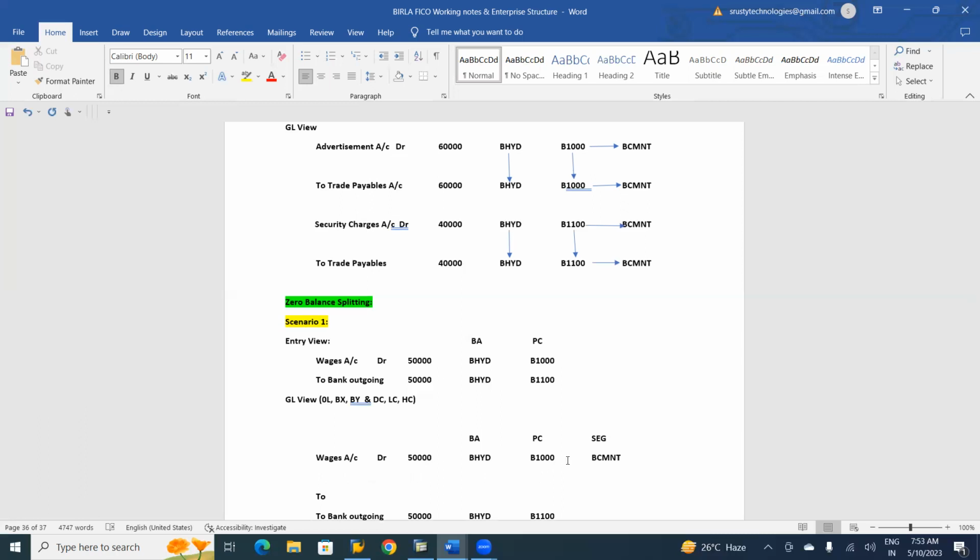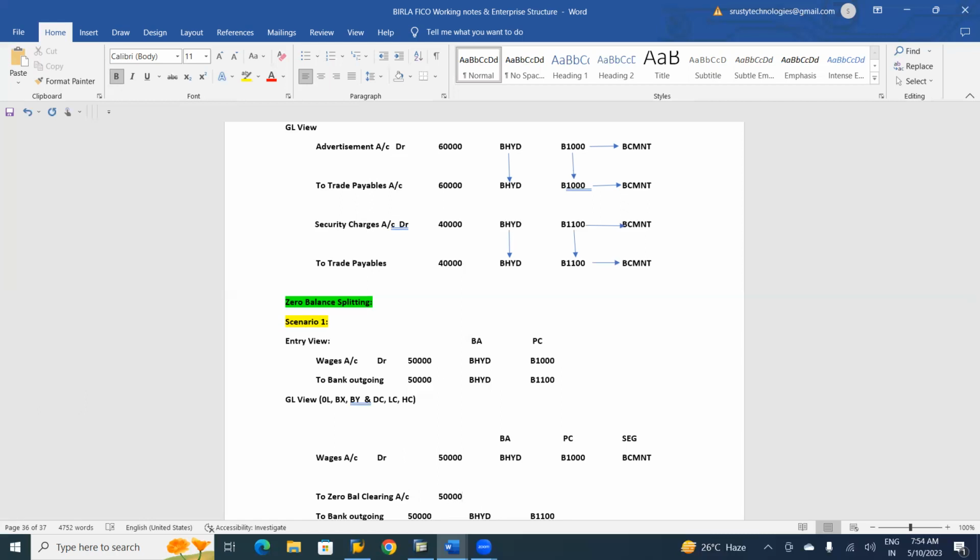So automatically it will trigger the zero balance clearing account at business area level. So here it will be triggered.